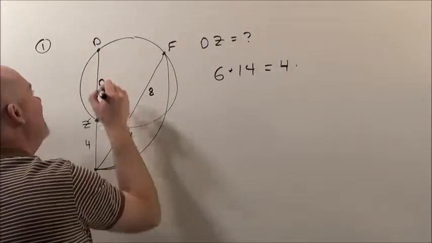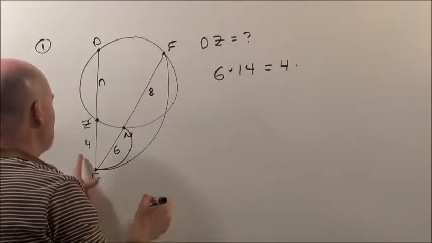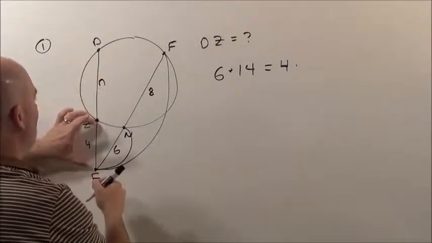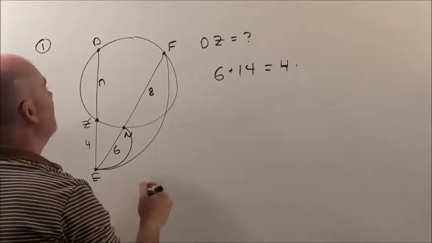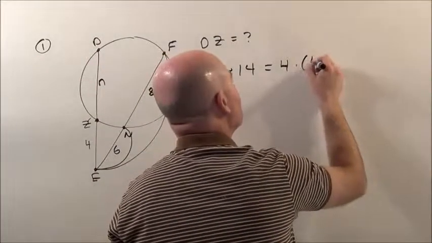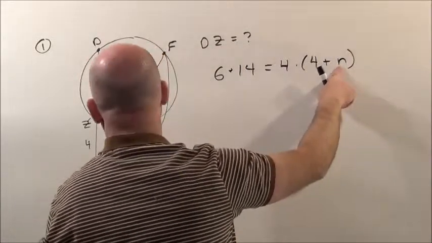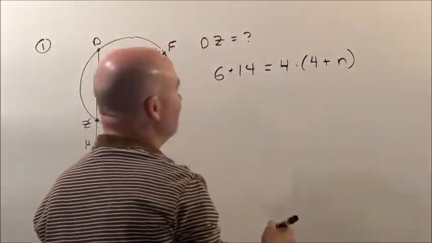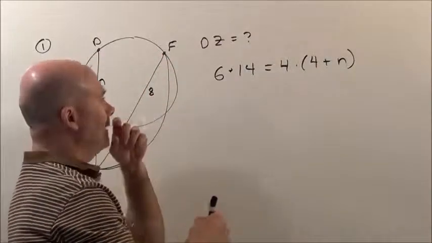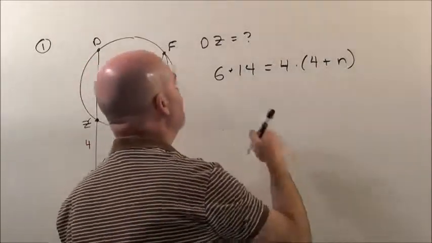Let's label it n. I'm just going to call it n. So it'll be 4 times that whole length. Well, that whole length is going to be 4 plus n. Now, if we want, we could just put DZ there, but in this case, I'm just going to do n, come back and put it in, and know that that's DZ's length.